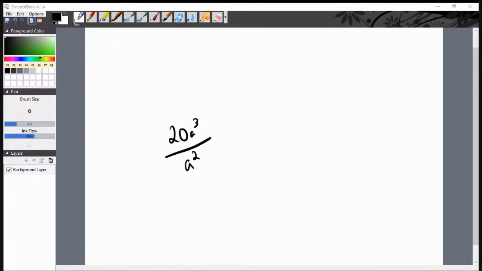If it's 20a to the 3rd power divided by a squared, these get subtracted, 3 minus 2. So what you end up having is 20a. Because it's a 1, you don't have to state that, though. It's just 20a. You can put the 1 there if you want. If it's division, you subtract the exponents. If it's a negative number, then it's a negative exponent. If it's 5 minus 7, negative 2 is the exponent. Does everybody understand that?